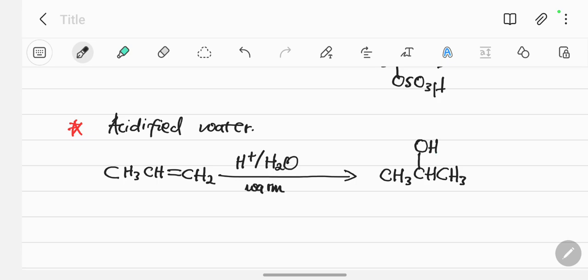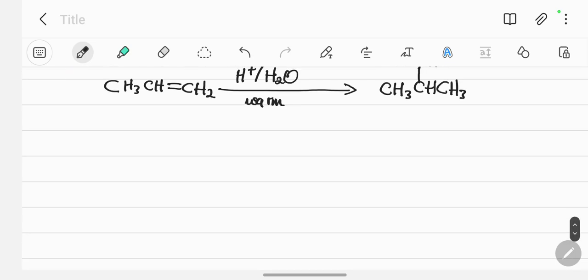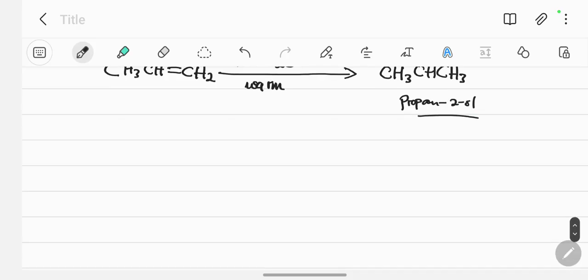So it's like you're preparing an alcohol, but this alcohol is propan-1-ol or propan-2-ol. Propan-2-ol is the product we have there.